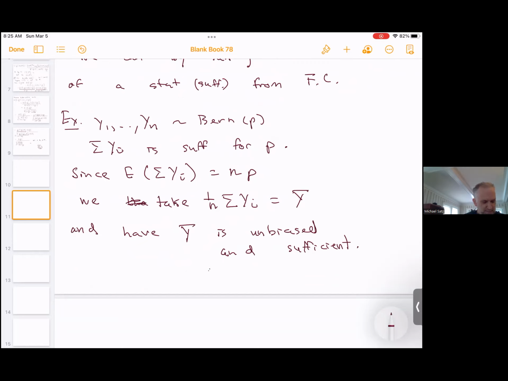The ones that come from the FC will generally have low variance, for this reason, although not always. We're not going to get into any more about this in this course, although you can read Casella and Berger chapter 6. The book calls these MVUEs, minimum variance unbiased estimators. So we'll just write this as a definition for now for our course.